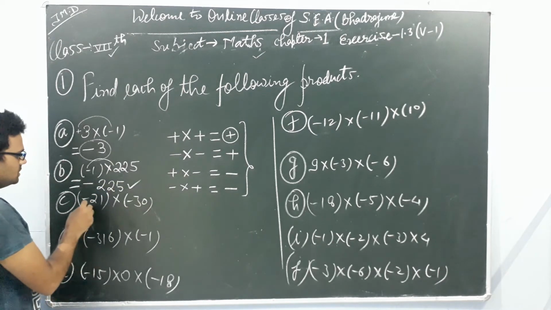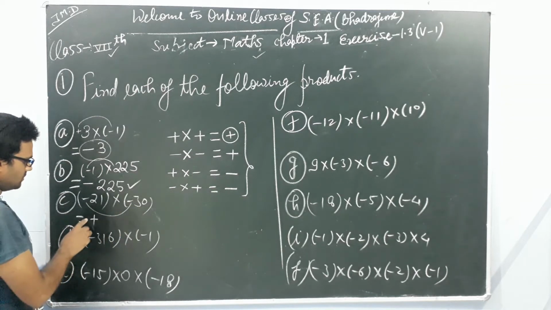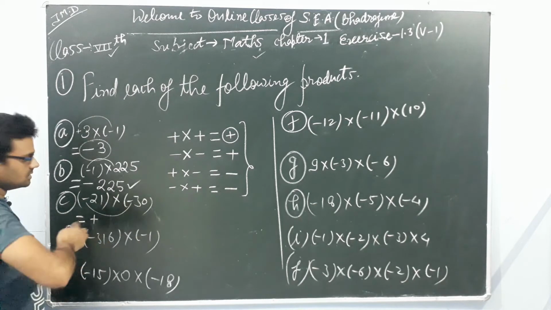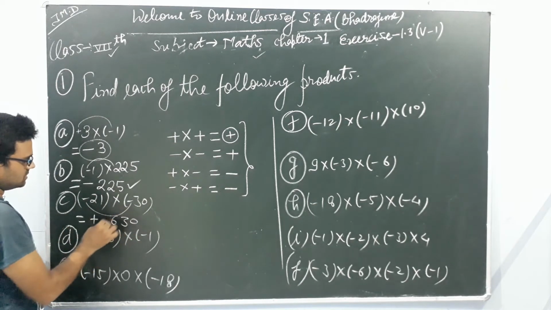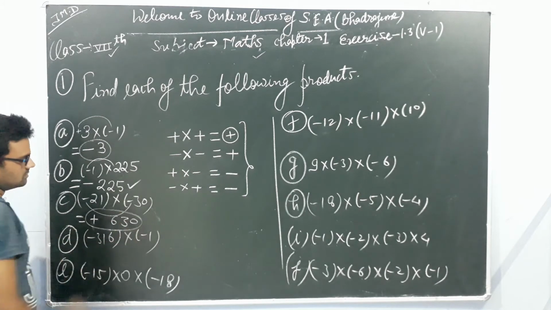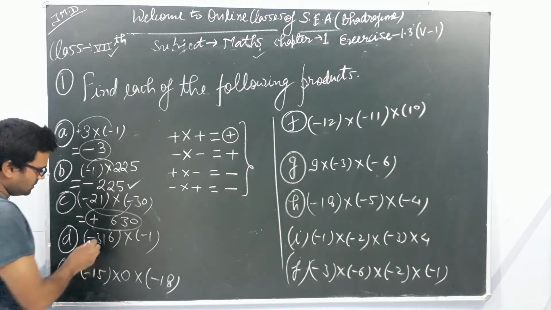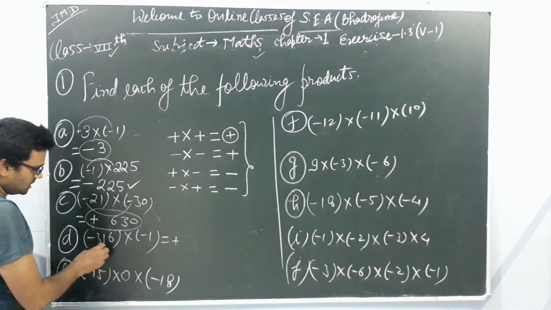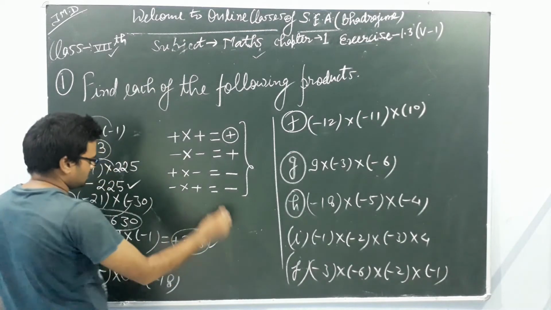Minus multiplied with a minus is a plus, and 21 multiplied with 30: 0, 3 ones are 3, 3 twos are 6, this is 630. Minus multiplied with minus is a plus, and 316 is our answer.